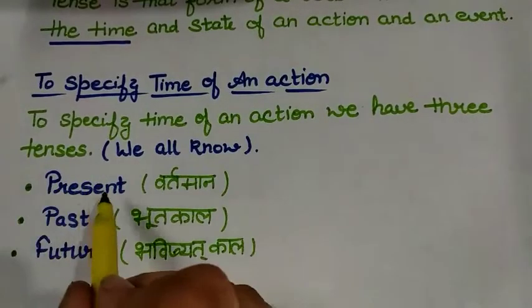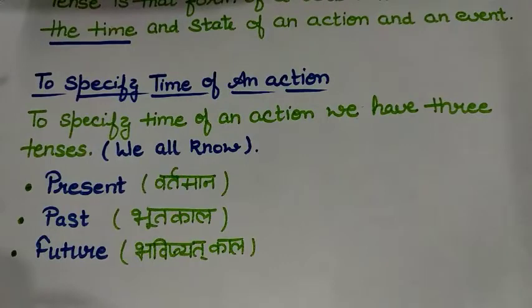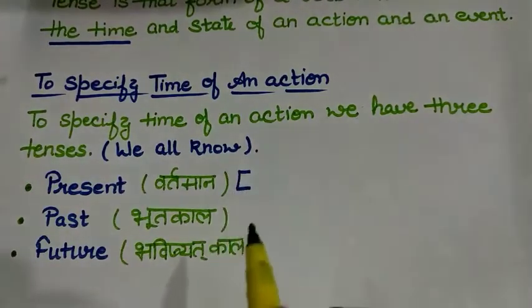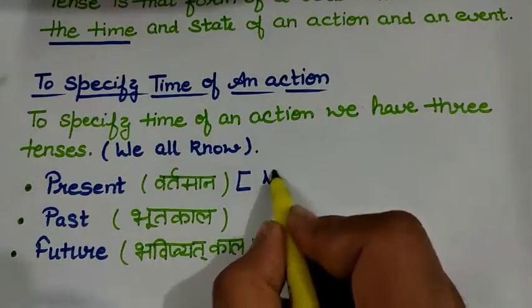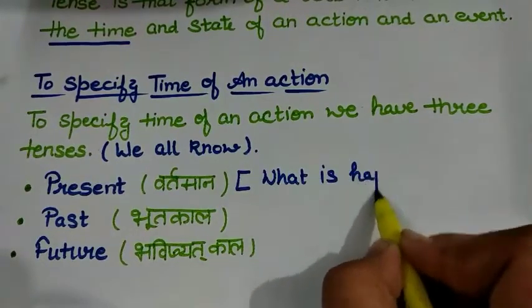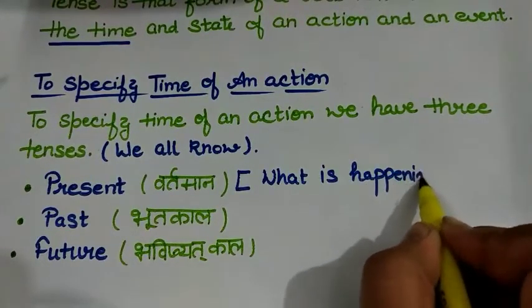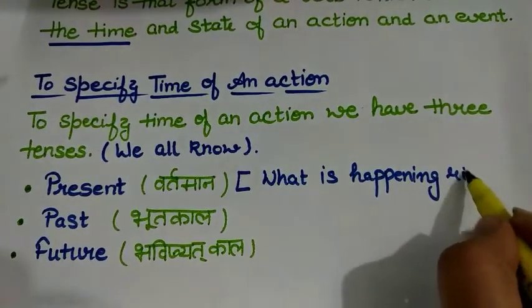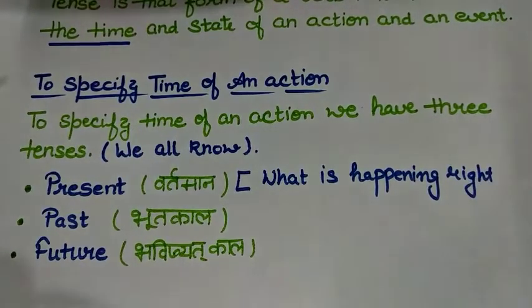Number one is present tense. In present tense, we see what is happening right now, at the moment. Like if I talk about this moment, in that case I will use present tense.